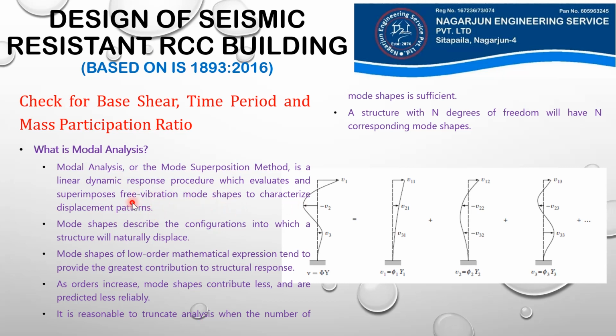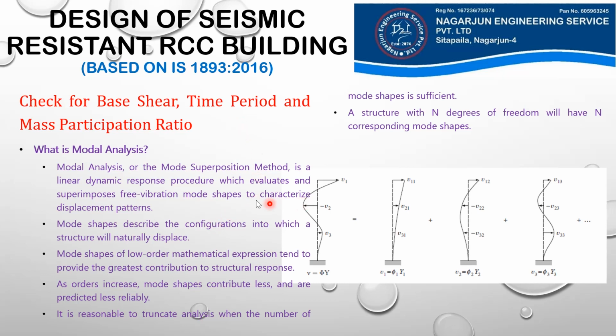Free vibration, as you all know, is the vibration of our structure in which there is no external force present. We give a certain initial deflected shape to our structure, and then we release it from that initial shape, and our structure will undergo free vibration.